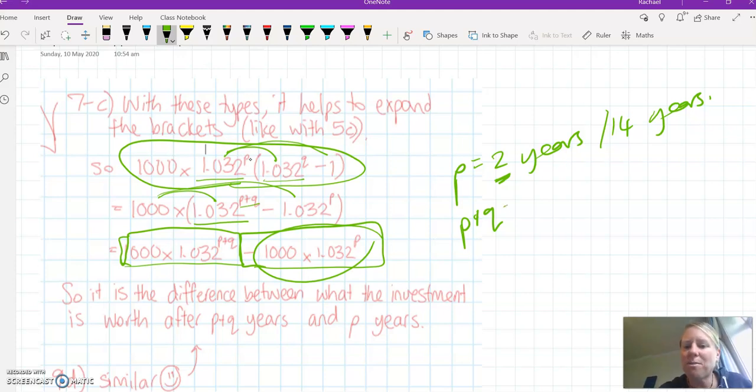Maybe it might be 2 plus 10 years, or 14 plus 10 years if Q is 10 and P is 14. So it would be 12 years and 14 years.